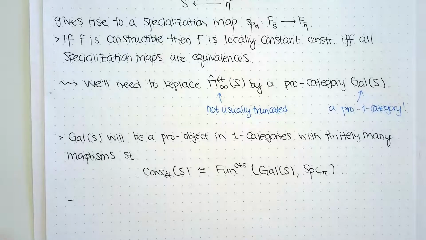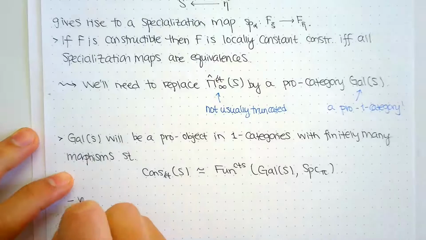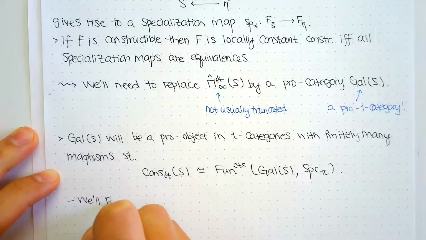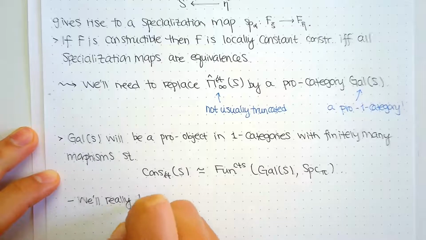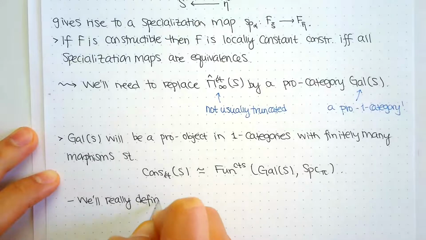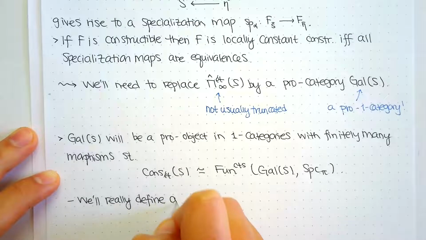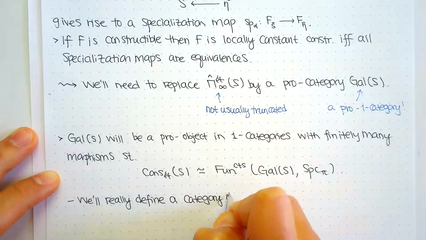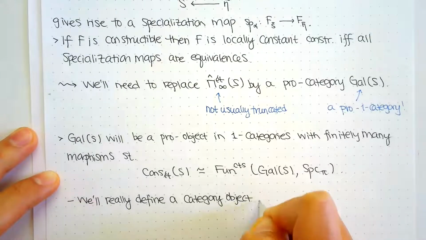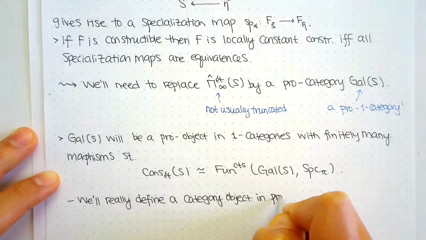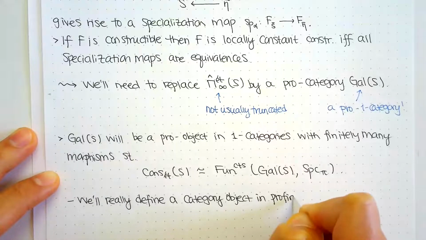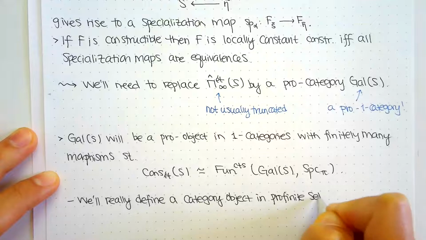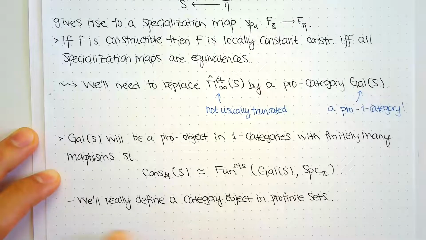So what we'll do is we'll define a category object in profinite sets, and it turns out that you can regard this as a pro-category.